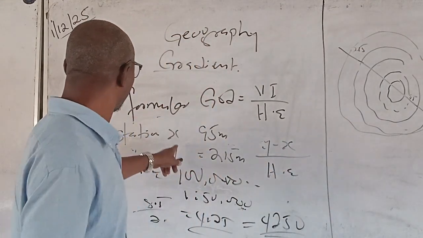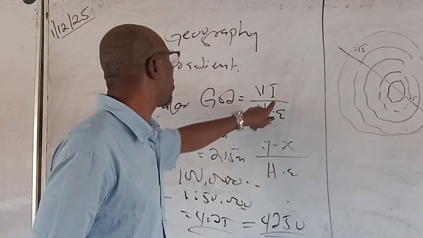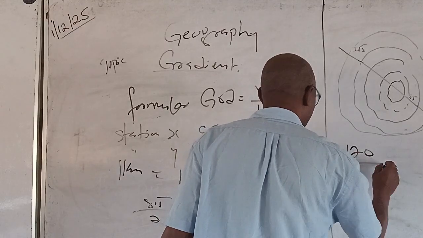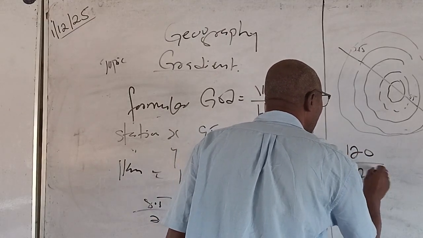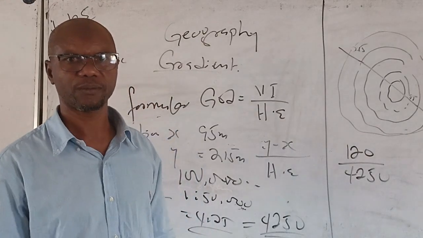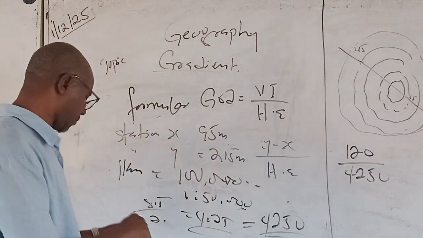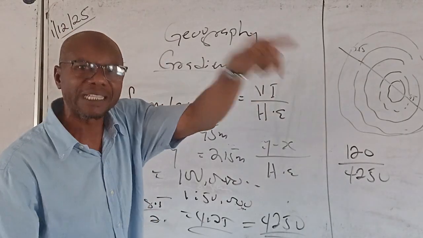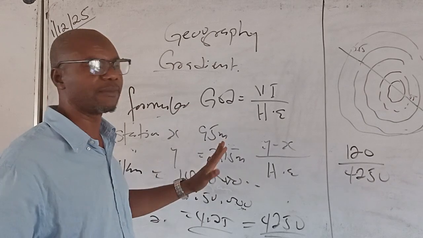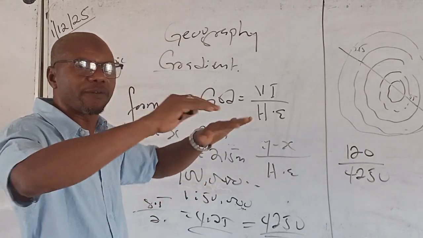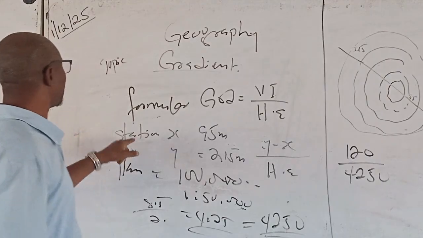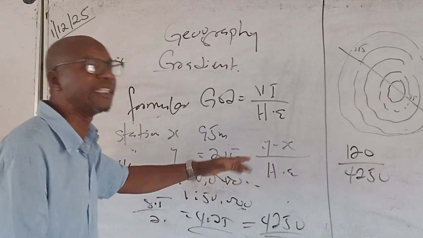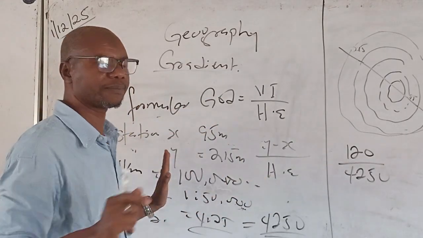Now, the gradient is VI over HE. VI is 120 divided by 4,250. Let me repeat again. Listen, this is the formula of gradient. The one we use in mathematics and the one we use in geography are the same, because we measure the distance of land. Station X is 95, station Y is 215, all in meters.